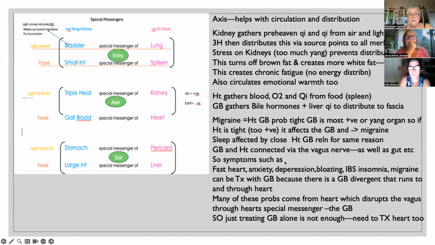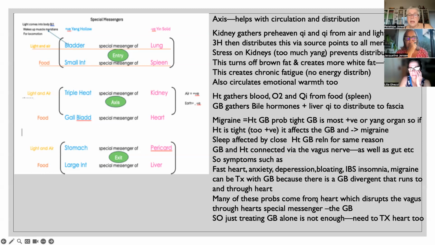So if you've got symptoms such as a fast heart, anxiety, depression, bloating, IBS, insomnia, or migraine, they can be treated with the gallbladder, because there is a gallbladder divergent that runs up and through the heart. And I would look at the vagus and the heart as well.